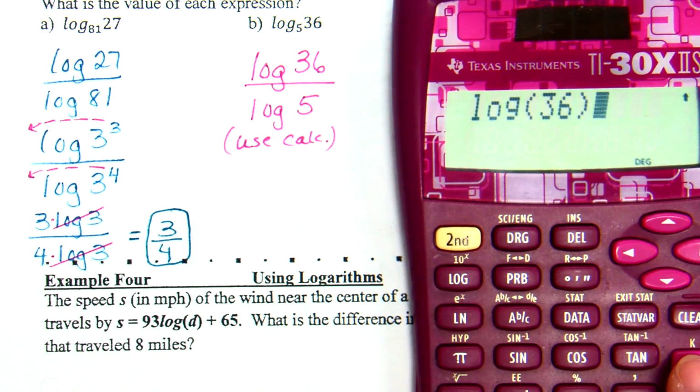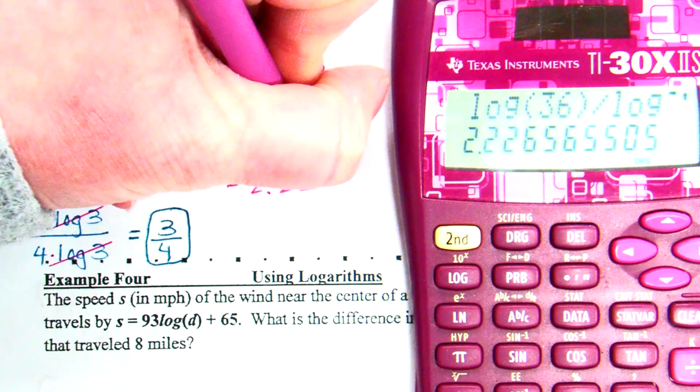So approximately 2.227. So that is another little log trick using the change of base formula. Sometimes you still need the calculator, sometimes you don't.